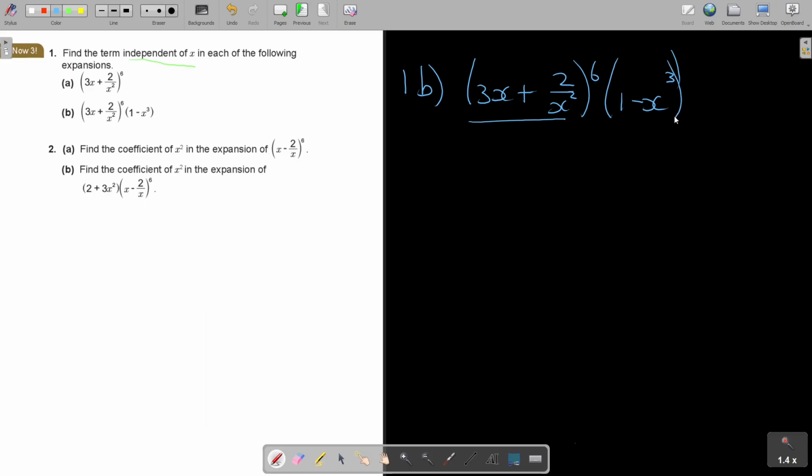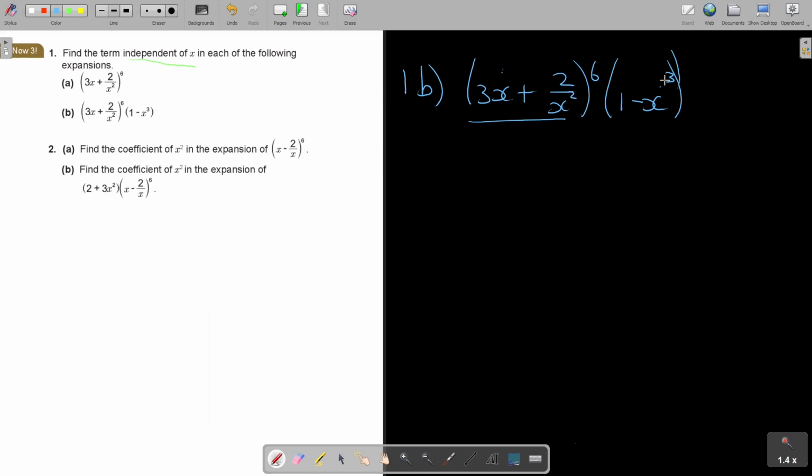But also we need x to the power of negative 3. Why? Because if you multiply x to the power of negative 3 with this x^3, you also get an x^0. So we basically need two terms in that.